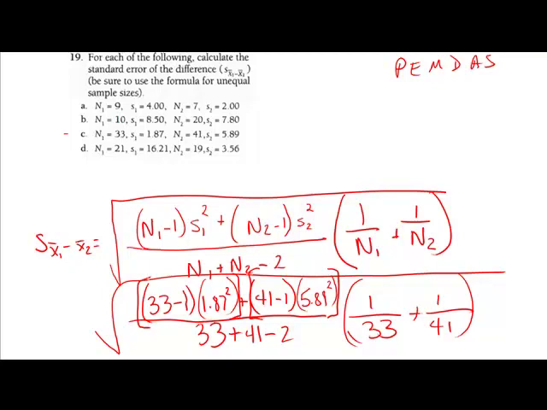Now I'll add that to, open two more parentheses, another set, 41 minus 1, close that one, and then multiply that by another set of 5.89 squared.